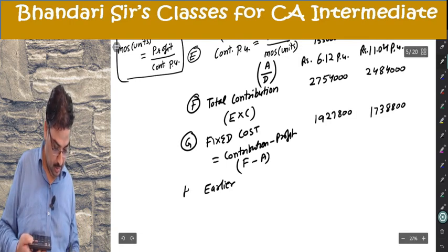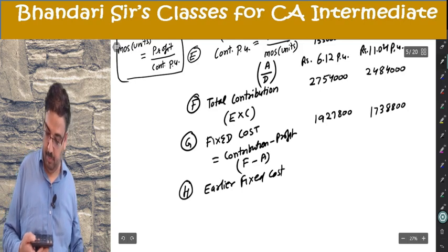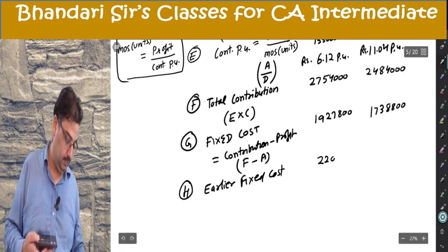What was the earlier fixed cost? E, F, G, H. Earlier fixed cost given in point number 4: 22 lakh and 20 lakh.